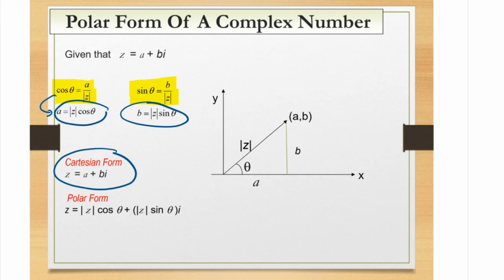To transform z equal to a + bi, Cartesian form, to polar form, we need to substitute a and b. So we get polar form.